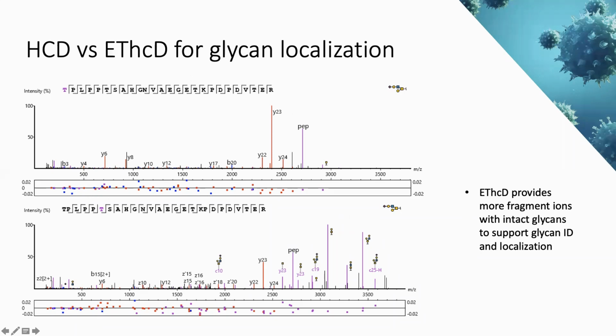But as you can see with EThcD, we have a lot more intact glycan fragments. And in addition to B and Y ions, we also have C and Z ions that can be used in order to provide some confidence in the localization site, especially when there's kind of an enrichment of serine and threonine within the peptide.